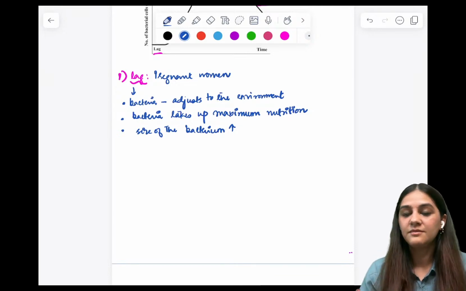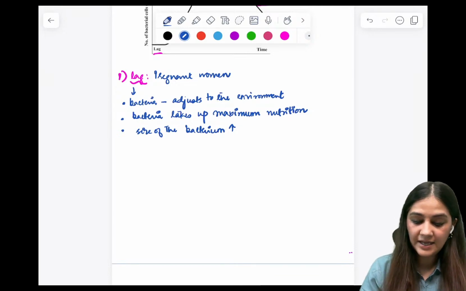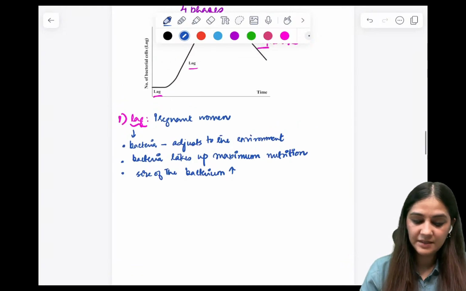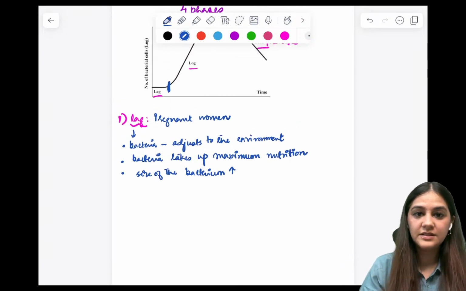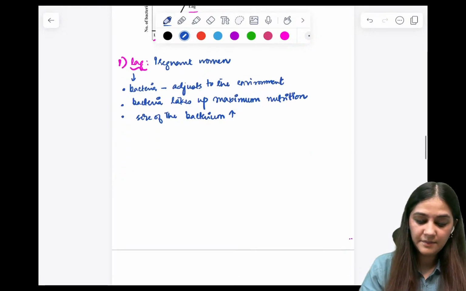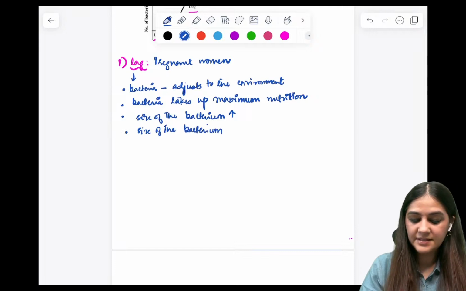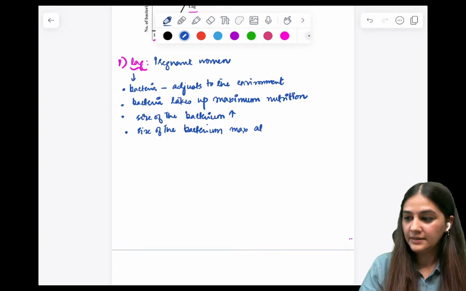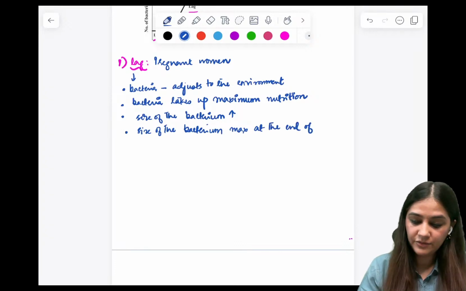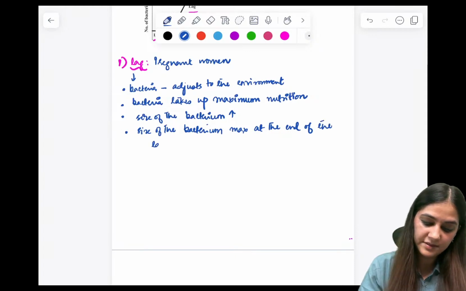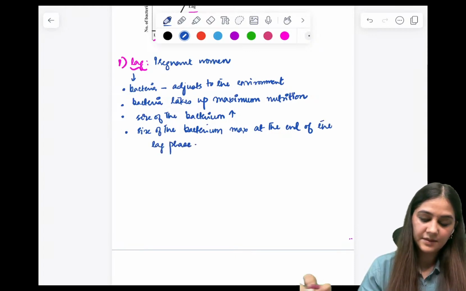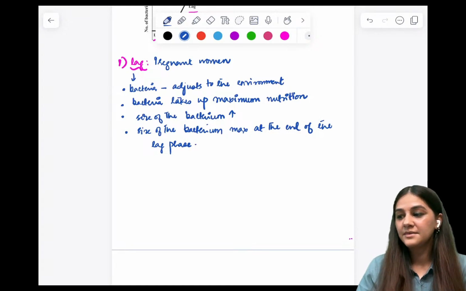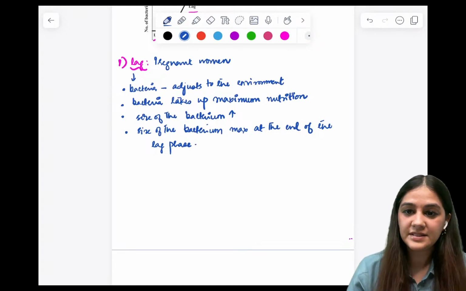And at the end of the lag phase, right here, the size of the bacterium is maximum, right?